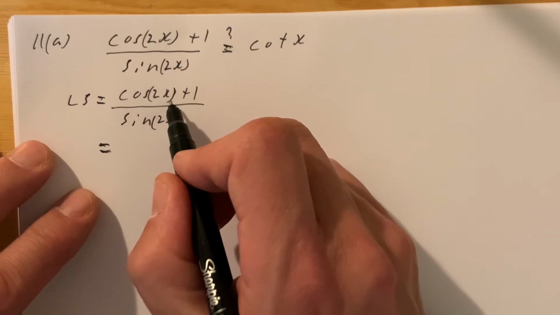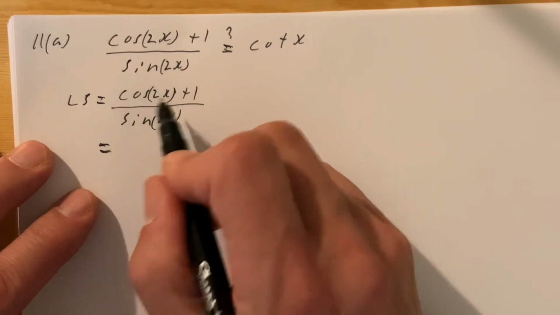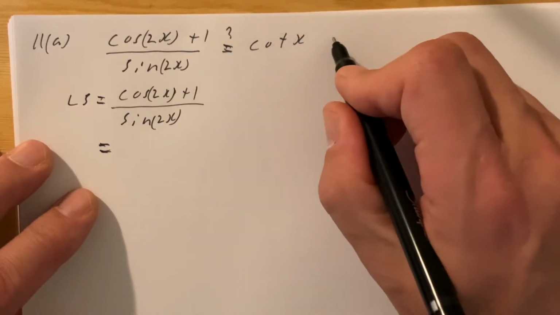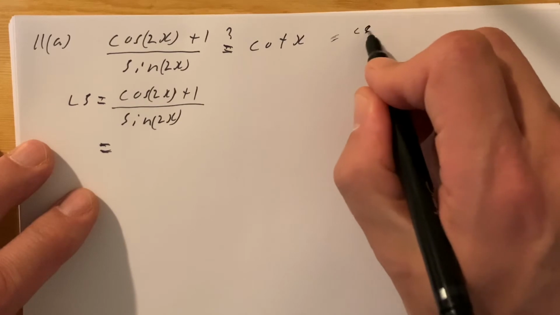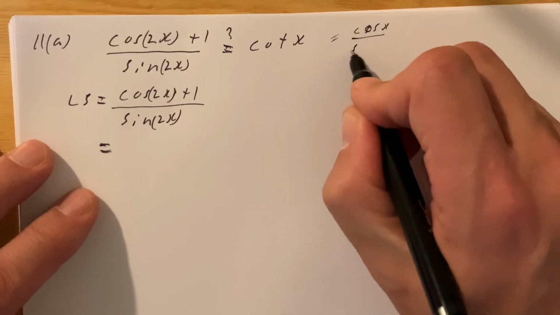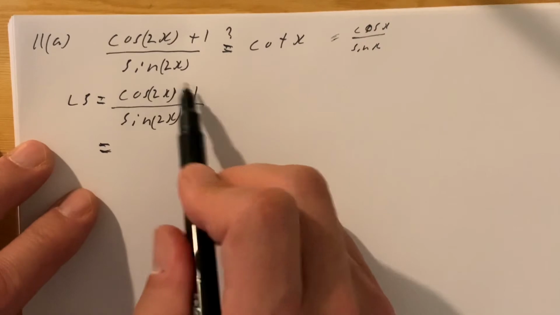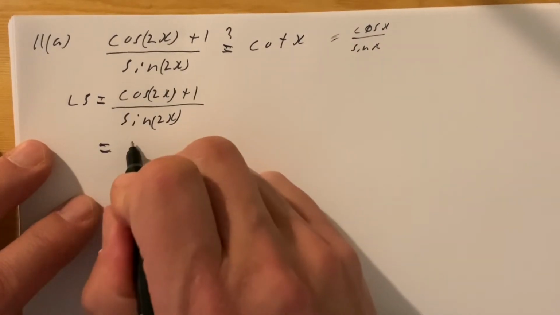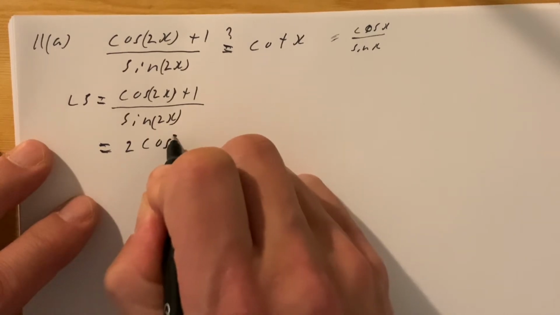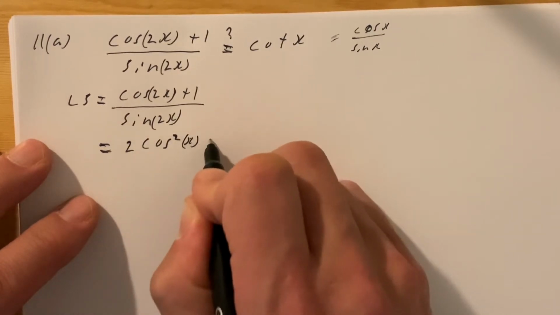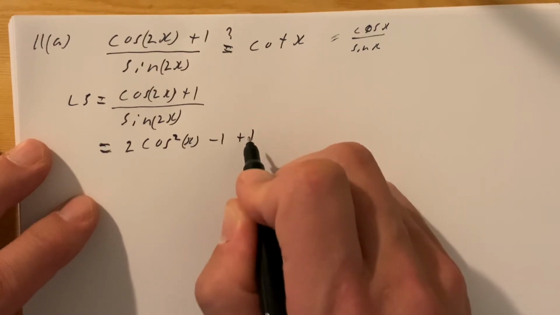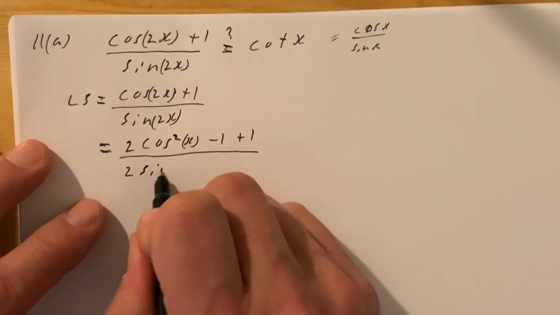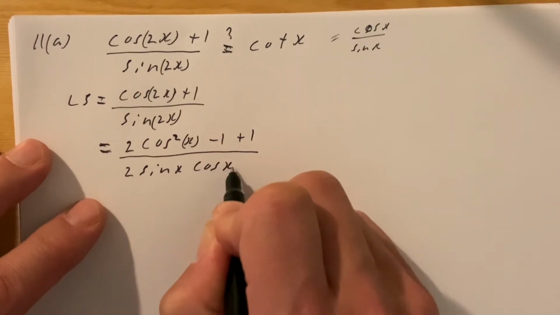I could have used 1 minus 2 sine squared x, but because this is cotan x, that actually equals cosine x over sine x, I kind of want to end up with a cos on top. So I want to change the cos 2x to something with cos. So I'm going to do 2 cos squared x minus 1 plus 1. And then on the bottom, sine 2x is 2 sine x cos x.